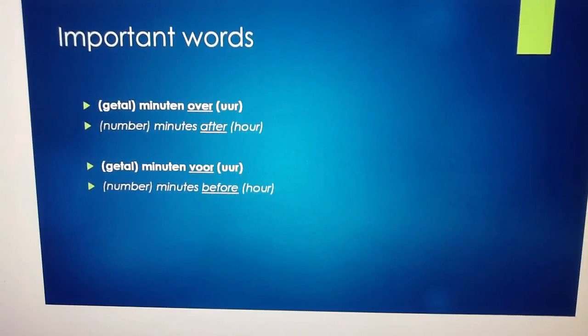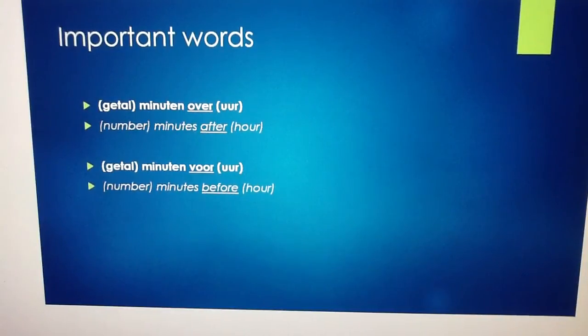You already saw them, but these are the most important words when it comes to looking at the time. Over. You have to say getal, which is number, minuten over uur. For example, 5 minuten over 3 is 5 minutes past 3. So after is in our case over.